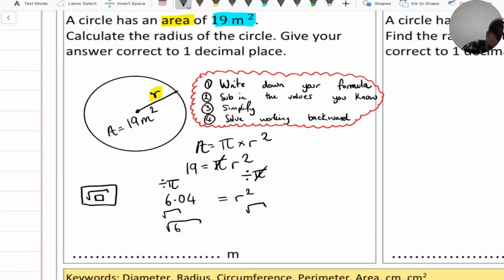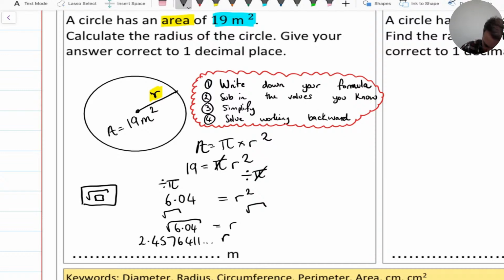The square root of 6.04 is equal to r. And the answer here is 2.4576411, carrying on like so.